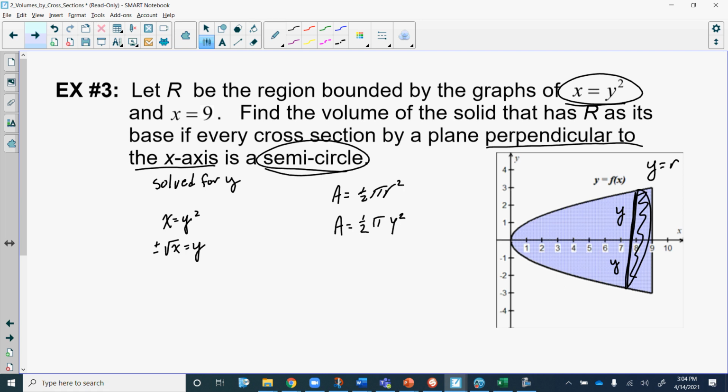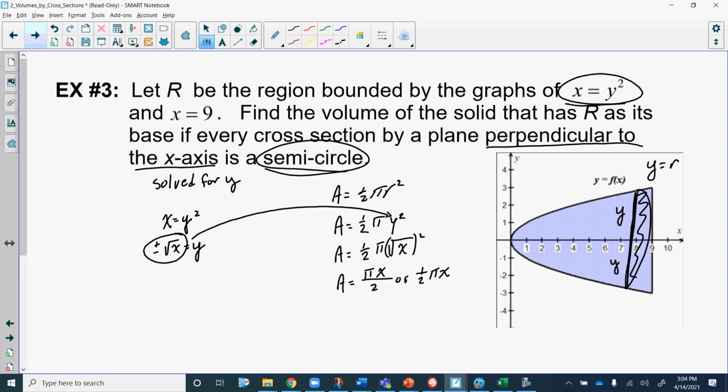I'm going to take this positive or negative, and it doesn't make a difference which one I substitute for y. So my area expression will be one half pi times the square root of x squared, which would just be x. So area in this case is going to be pi times x over 2, or one half pi times x, however you want to think of it.